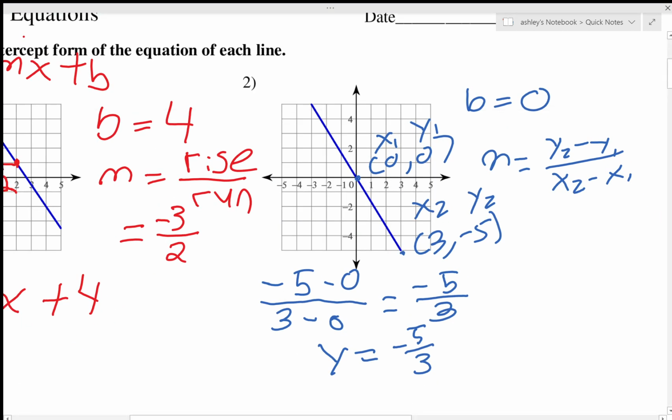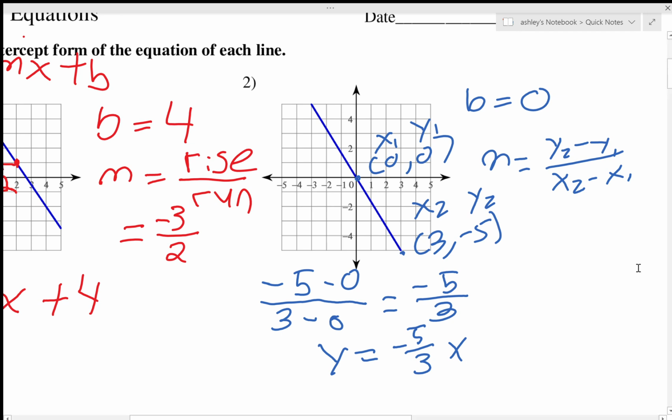So anytime you have 0 at the end, you don't need to write it. 0 is not doing us too much good at the end of our equation. So I'd have y equals -5 over 3 x. That would be how I put something in something like Delta Math.